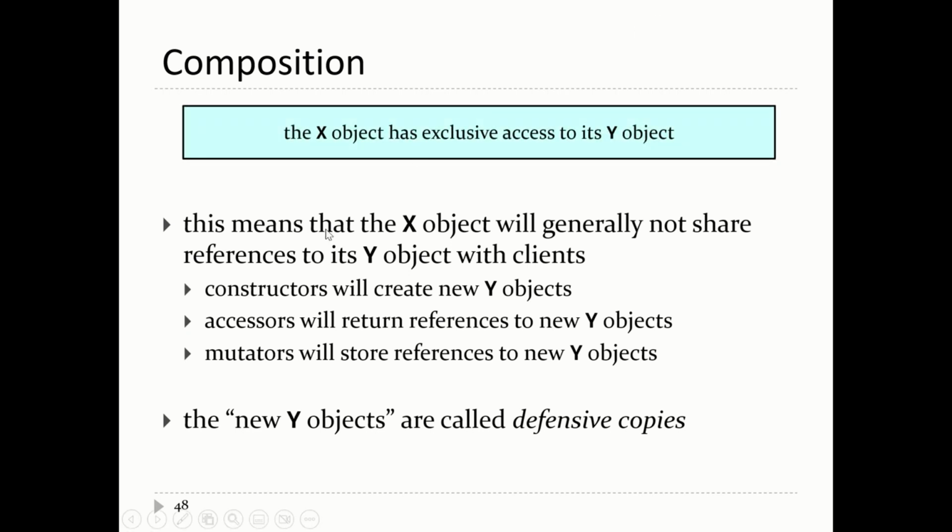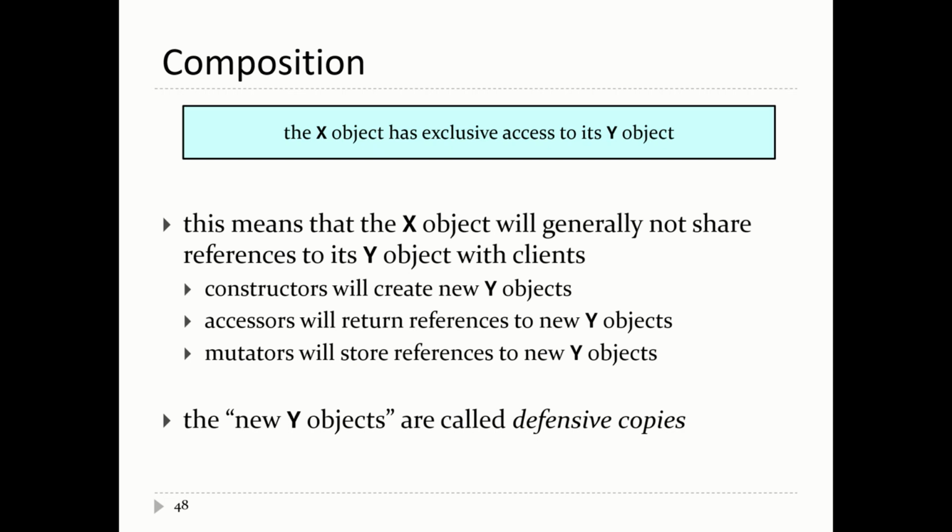So what does this mean? It means that if you have a constructor that takes in a Y object, you can't simply say this.y equals y. You have to make a copy of the Y object and then set your field to refer to the new copy. If you have a method that returns one of your internal fields, then you can't return the internal field.